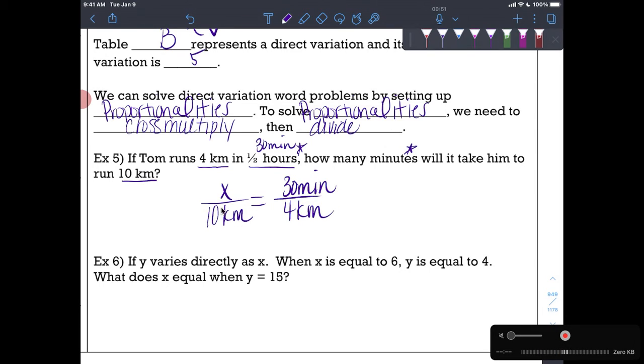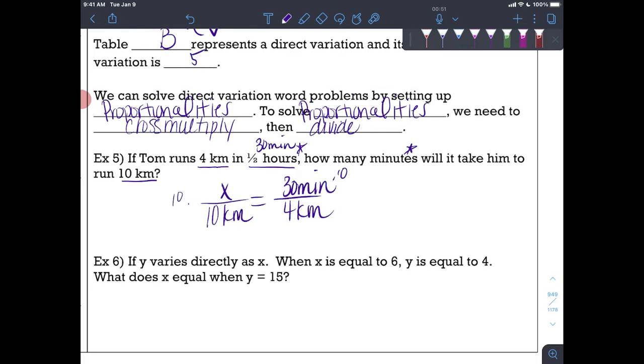If I just multiply by 10 and get rid of this divisor, I'm completely done, okay? So over here, I'll multiply both sides by 10, and I get X equals 300 over 4. And I find out it's going to take them approximately 75 minutes to run 10 kilometers.